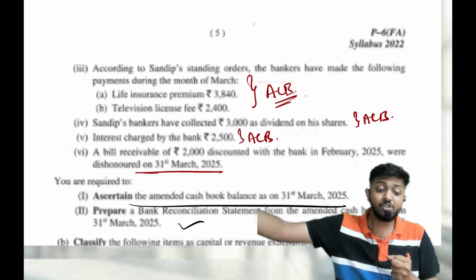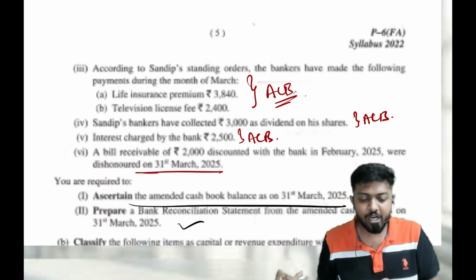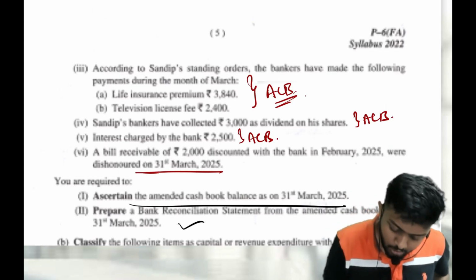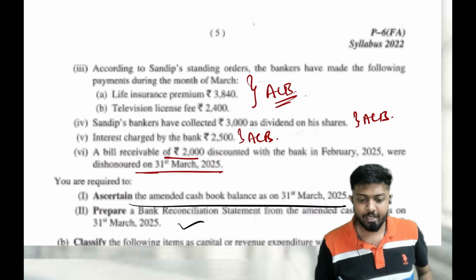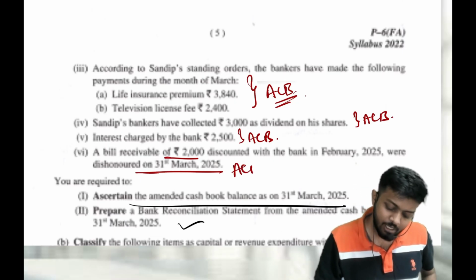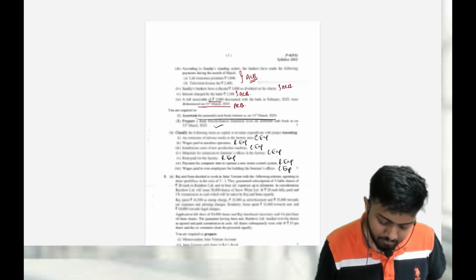My drawee was supposed to pay the banker, but he did not pay. It got dishonored. Now who should pay? I should pay, no? So the bank will automatically deduct my 2,000. I didn't know. When I come to know, can I adjust it? Yes. So this also will be corrected in ACB only. I think only 2 entries will come in BRS.